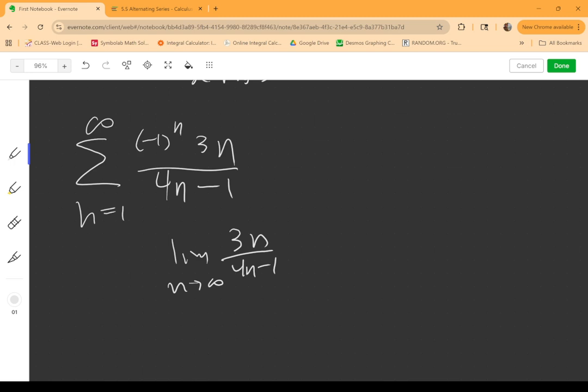We see as n goes to infinity, these are the same power, so that equals 3/4. So it is not 0. So here what we have is that the alternating series test does not apply.